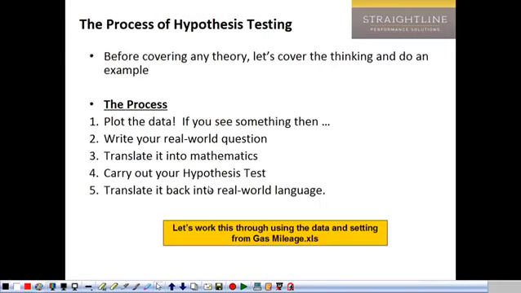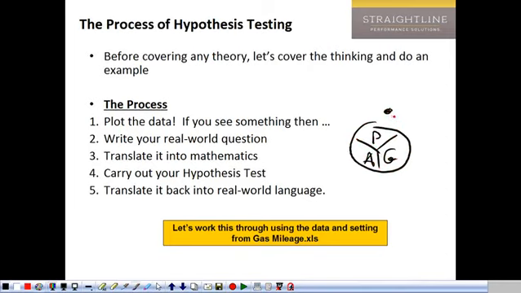Here's just a process that we can go through, but I think the PGA process makes some sense too. Again, I like plotting the data first, writing out a real-world question, translating to math, carrying out the hypothesis, translating it back. That's all very well and good, but if you remember the PGA wheel, the PGA is really doing all of those things.